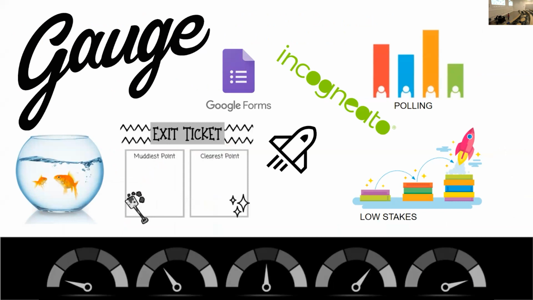So giving them the chance to gauge, for example, using formative assessments, so low stake assessments like the polls that we did here, or giving them a little quiz at the end of every class period, or an exit ticket, like having them fill out a form as to what they understood and what they still have some doubts about, so that when you get that information, you can then make some changes and think about the next class.